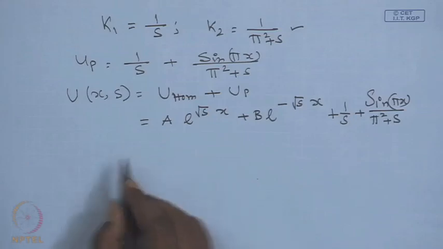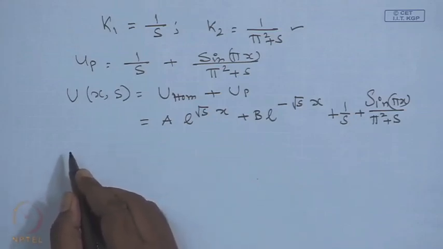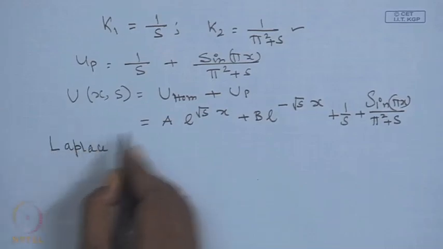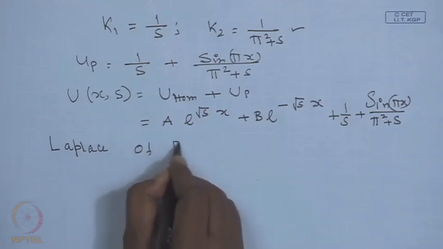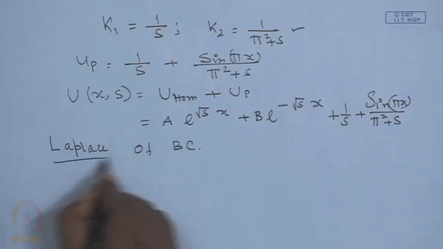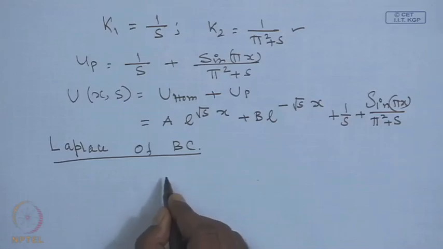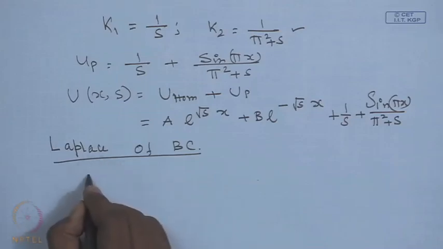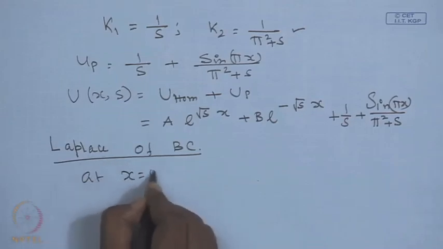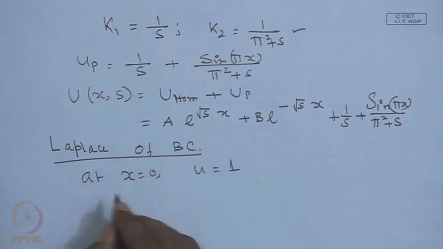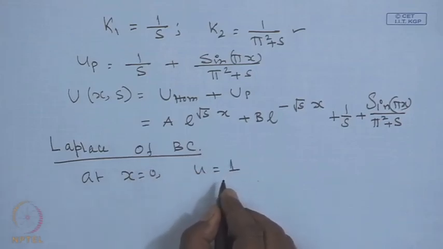Now, let us look into the initial and boundary conditions and take the Laplace transform of them as well. The initial condition is already utilized. Now, if you look into the boundary condition at x is equal to 0, we had u is equal to 1. The transform of 1 is nothing but 1 upon s.